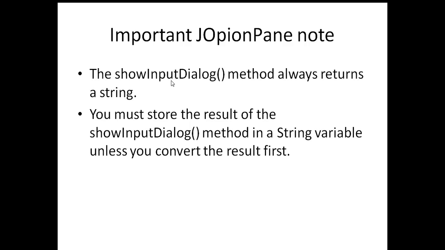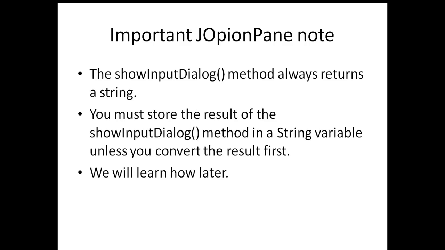You cannot store the input of the user in an int or a double unless you convert the result first, and that is something that we are going to learn later.